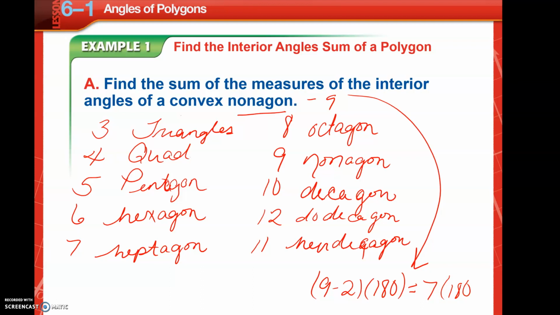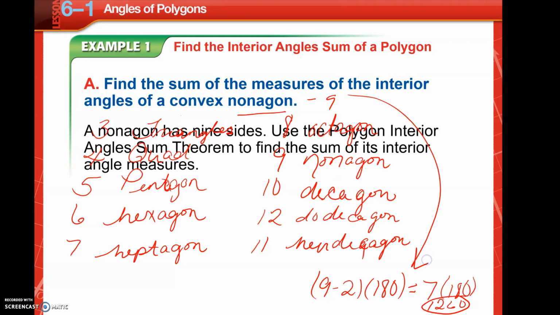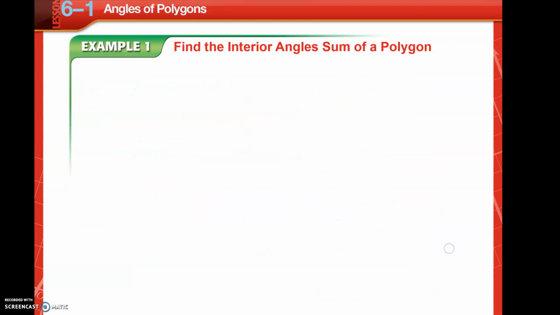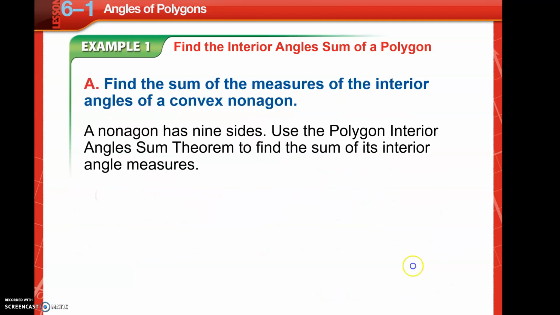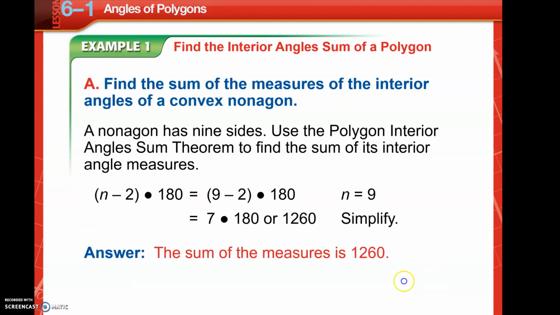You want to first remember your order of operations, so you always do the subtraction first, and then multiply 7 times 180, and you get 1260. So the sum of all of the interior angles is 1260. And if it's a regular polygon, then it's going to have equal angles. We get 1260 because we can see that we can make 7 triangles.